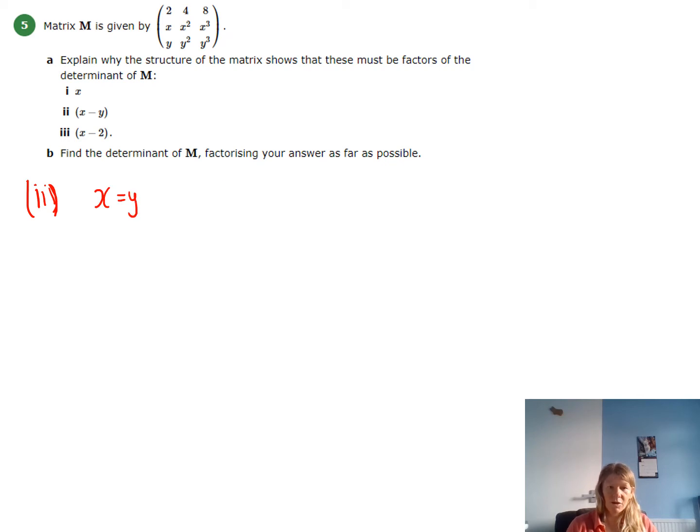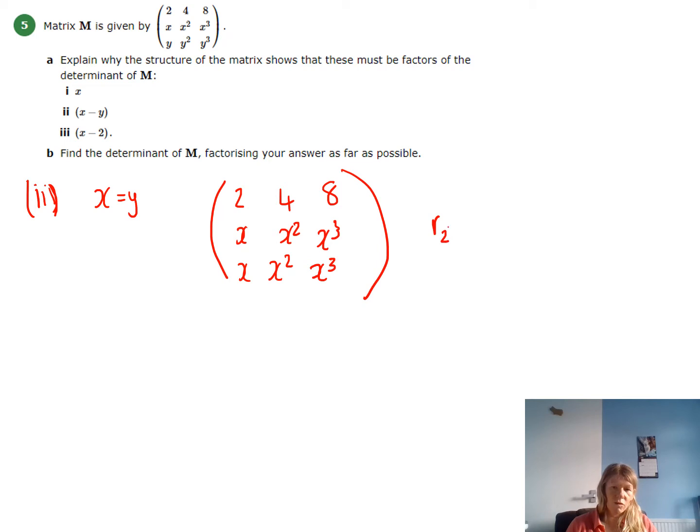So in the matrix we could write 2, 4, 8, x squared, x to the power 3, and if x equals y, now we can see 2 lines are the same. You perform your row operations. Row 2 becomes row 2 take row 3, and then you get 0, 0, 0, and x squared, x to the power 3.